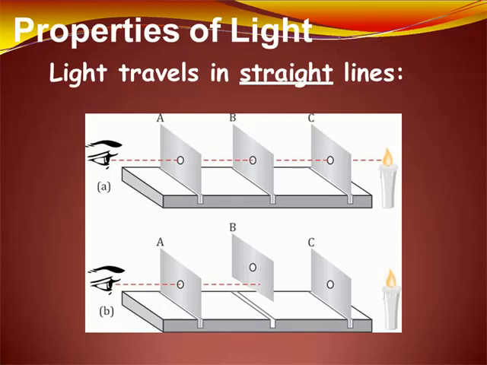So if we observe through the hole, we can see the flame. But if any of the boards is removed or misplaced, what will happen?